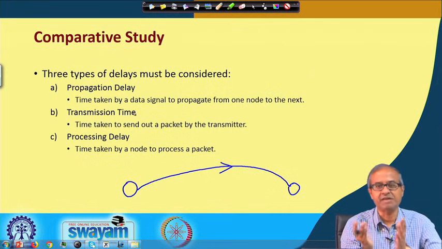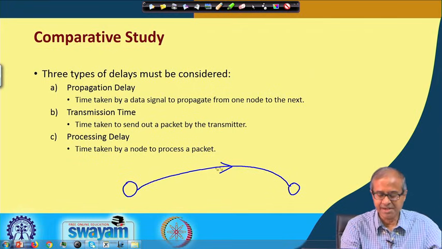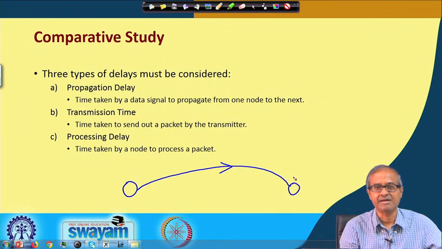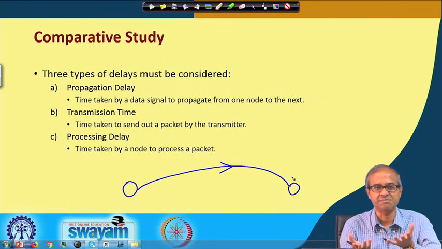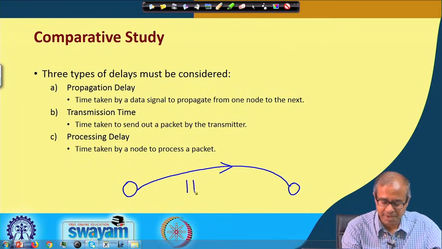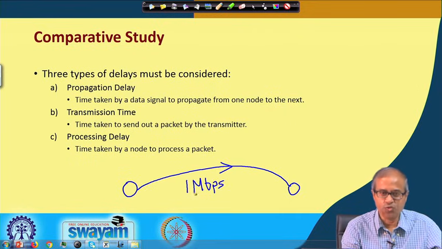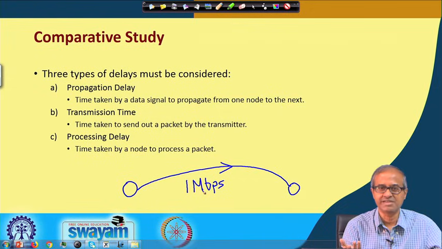But transmission time is different. Transmission time depends on the bandwidth of the link. Well, you know that links are categorized by the speeds: kilobits per second, megabits per second, gigabits per second. Suppose it is a 1 megabit per second link, 1 Mbps. So, 1 million bits can be sent per second. So, if there are 1000 bits you are trying to send, how much time will it take?